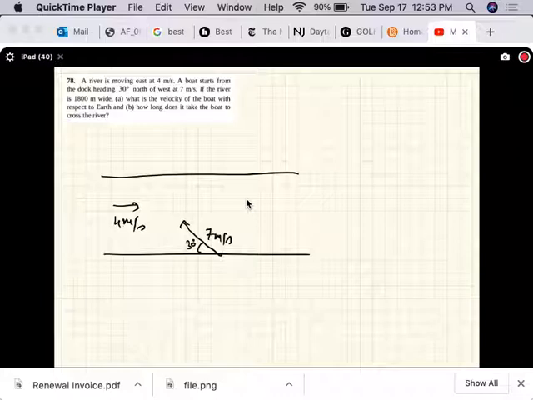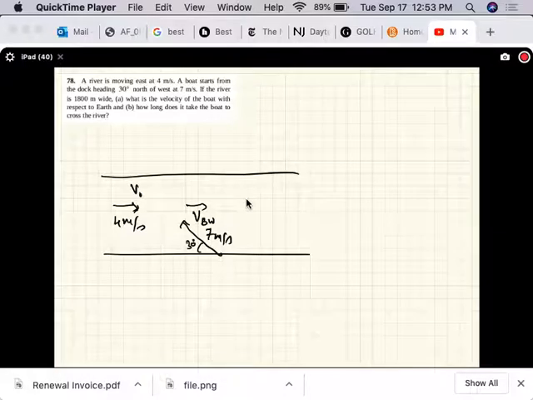What is the velocity of the boat with respect to earth, and how long does it take the boat to cross the river? Okay, so this is the velocity of the boat with respect to water. This is the velocity of water with respect to ground.